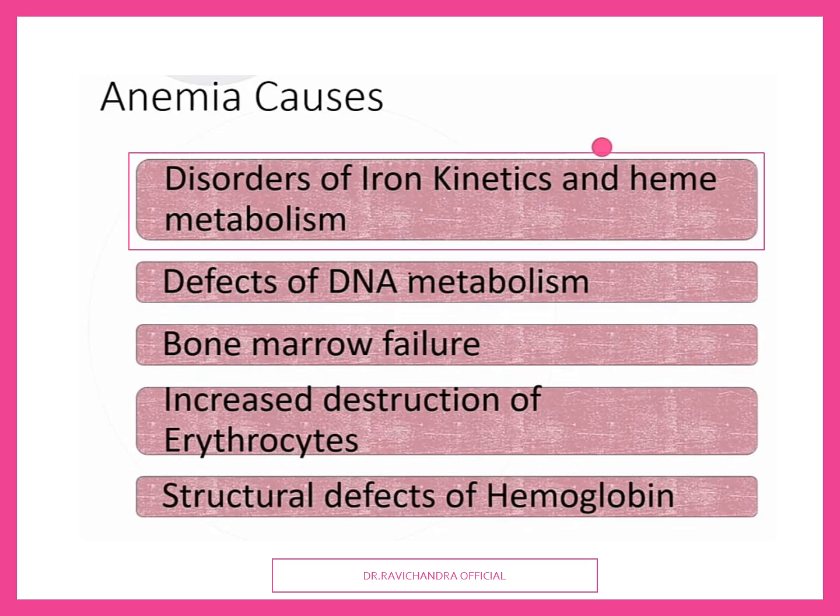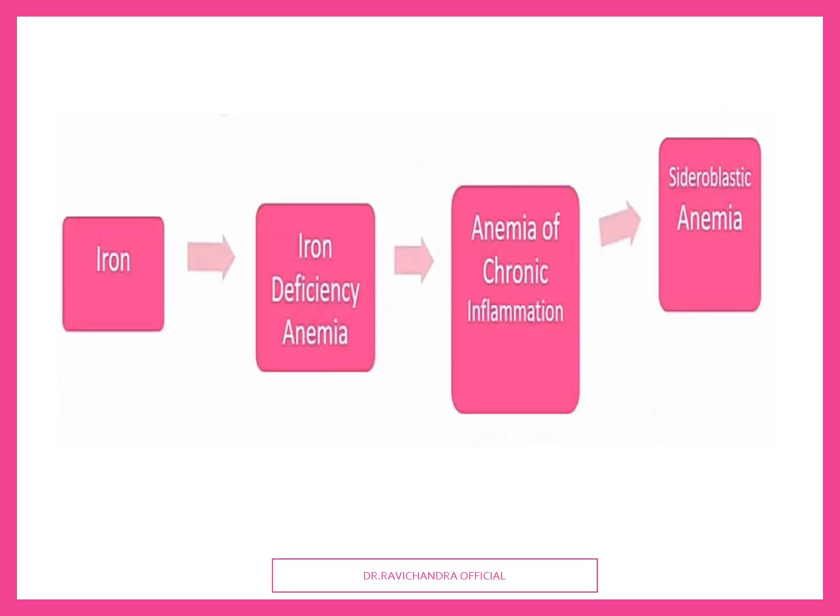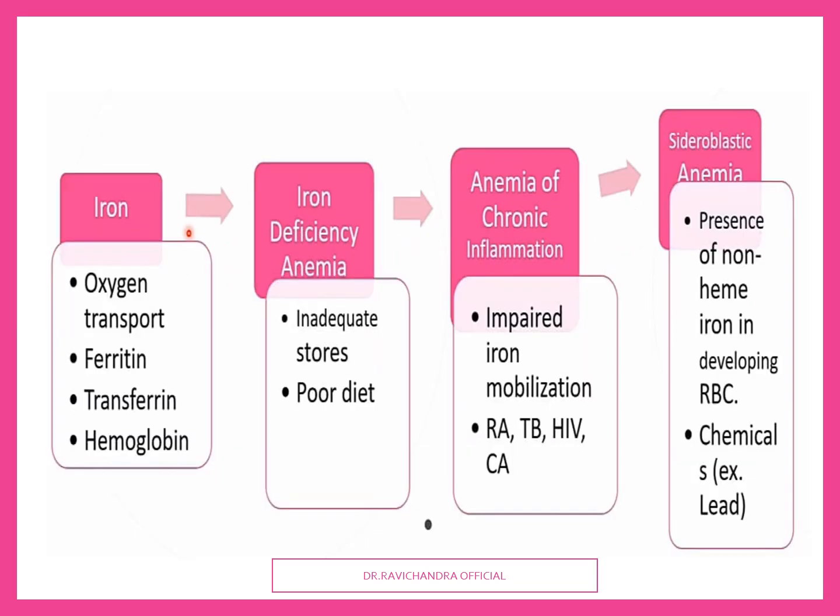Now we will discuss disorders of iron kinetics and heme metabolism. It can be iron deficiency anemia, anemia of chronic inflammation, or sideroblastic anemia. Normally there will be oxygen transport, and ferritin levels, transferrin saturation and hemoglobin concentration maintain the RBC hemoglobin content and iron content.